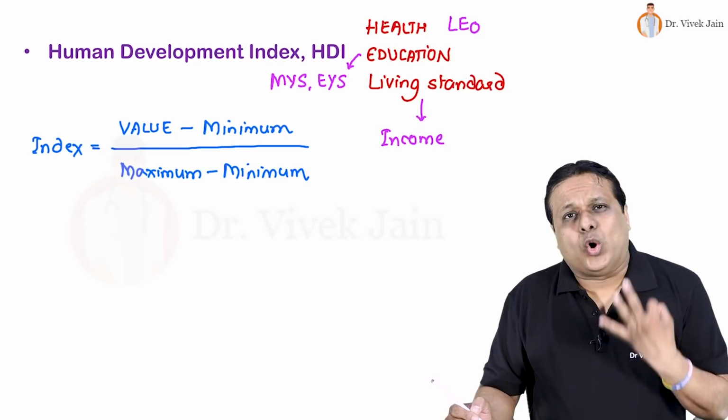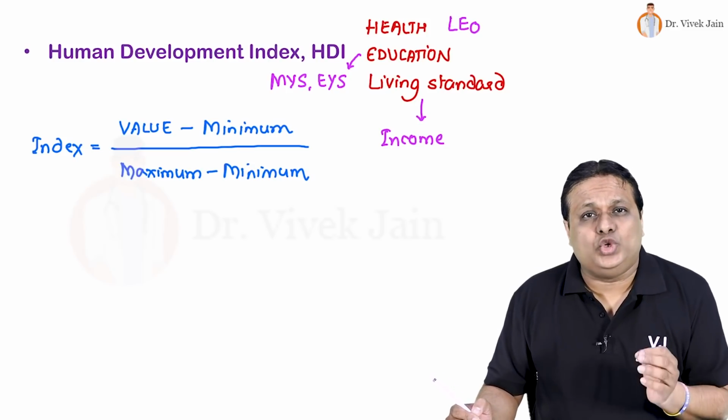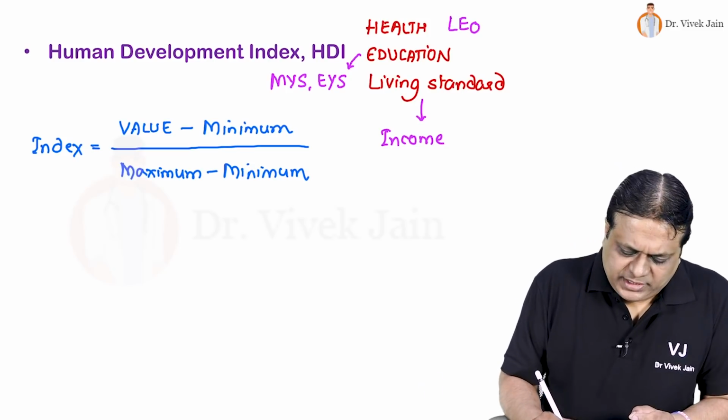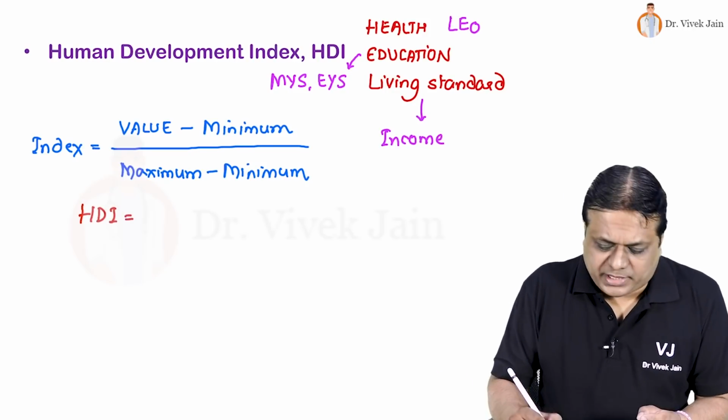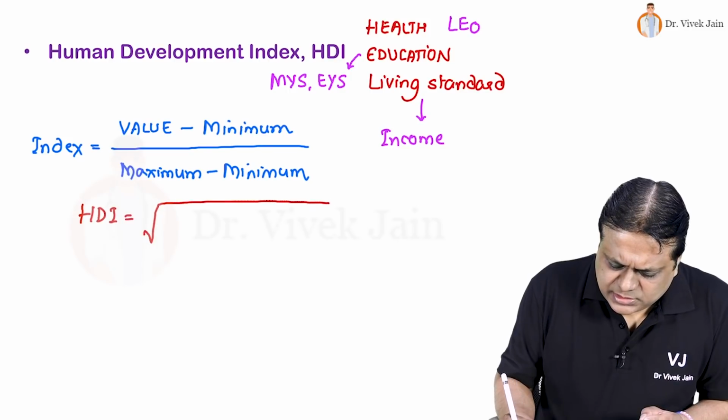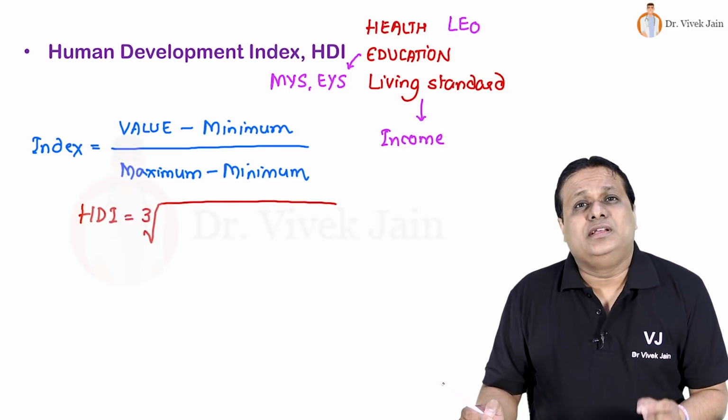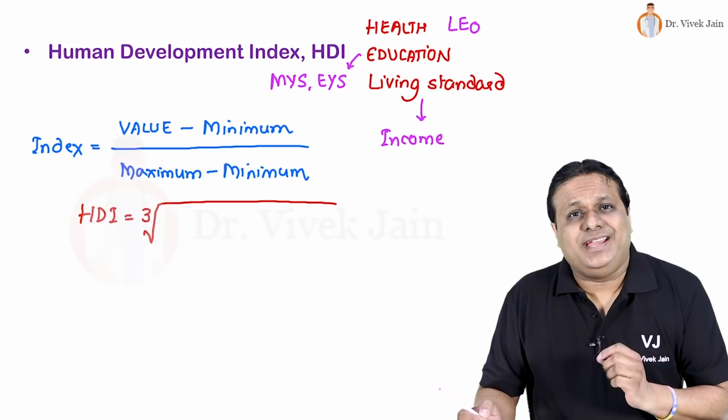When you calculate all the three indices, then we take a geometric mean. So finally, human development index is calculated by the formula: it is the cube root of the product of three indices.